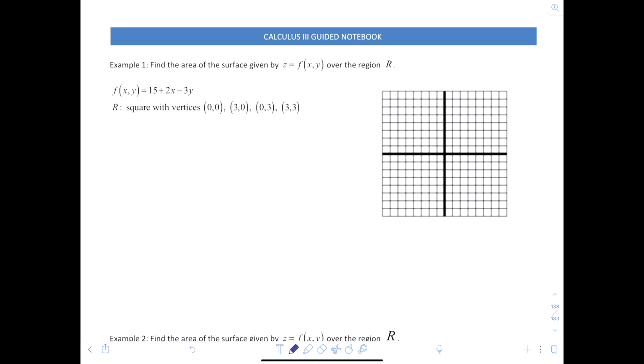Find the area of the surface given by z equals f of x and y over the region R. So f of x and y is 15 plus 2x minus 3y. Our region is the square that has vertices (0, 0), (3, 0), (0, 3), and (3, 3).